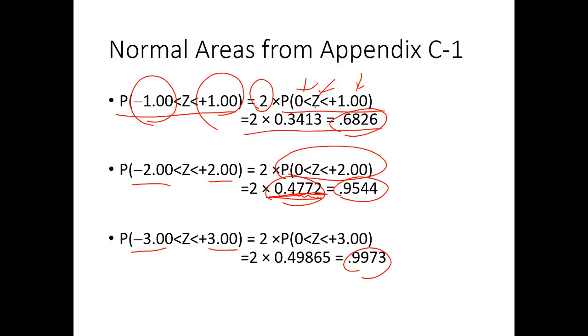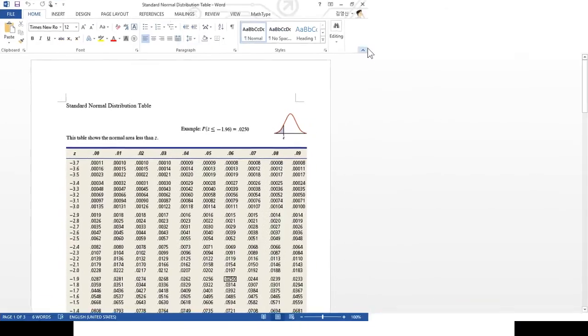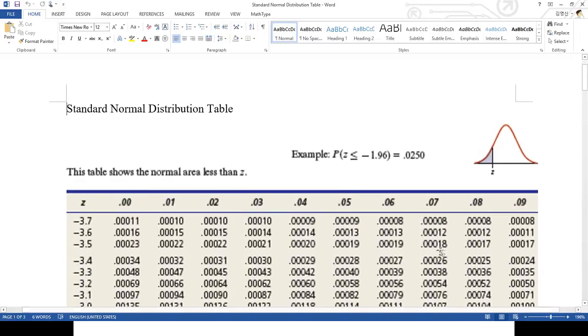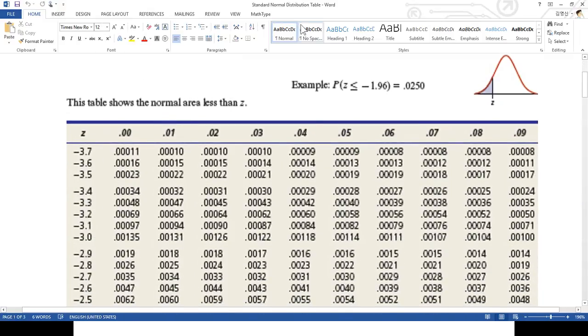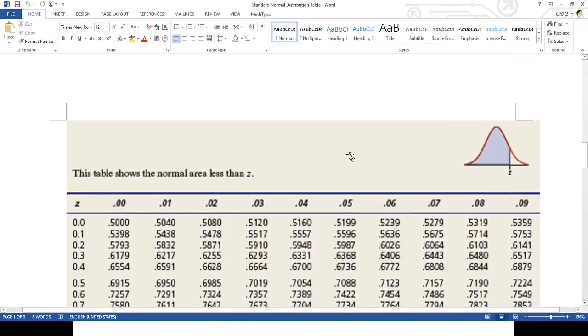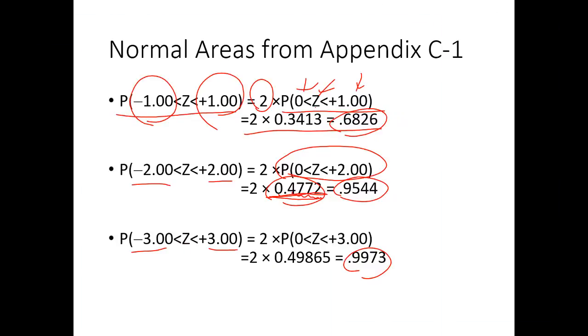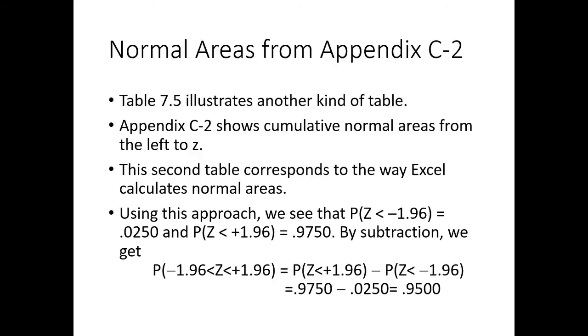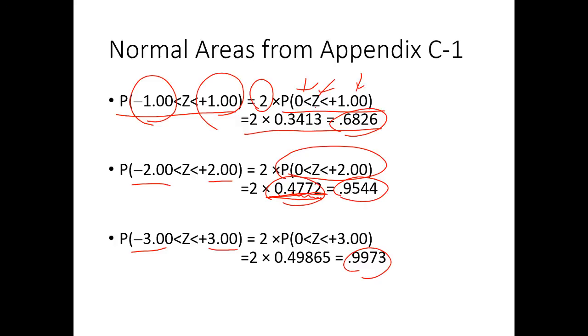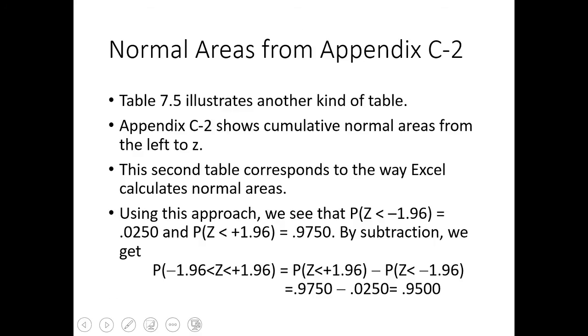I've saved appendix C1 in my Word file. I will share it in Blackboard. Actually, it is appendix C2, so I will discuss it later. I'm sorry. In the last page of your textbook, you have appendix C2, which is the cumulative normal area.